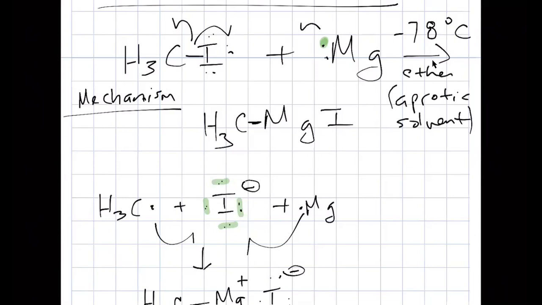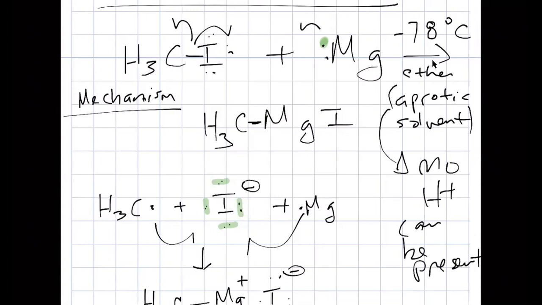Aprotic means no H plus. No H plus can be present, period.